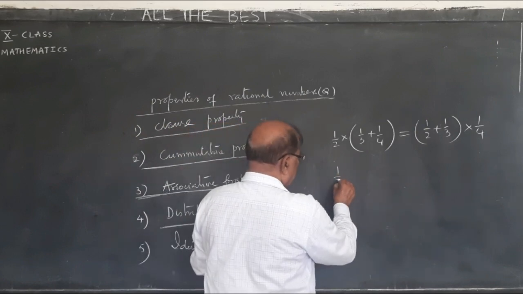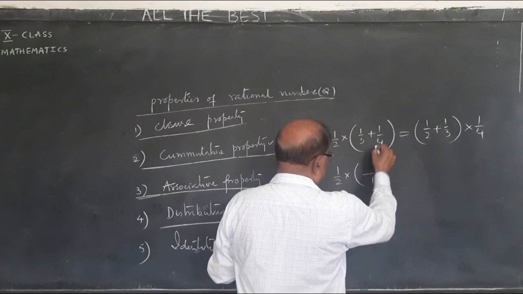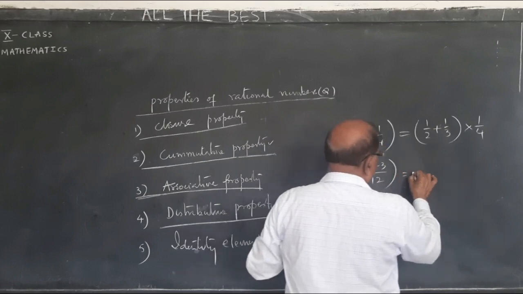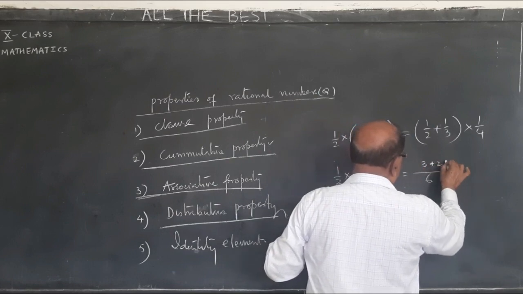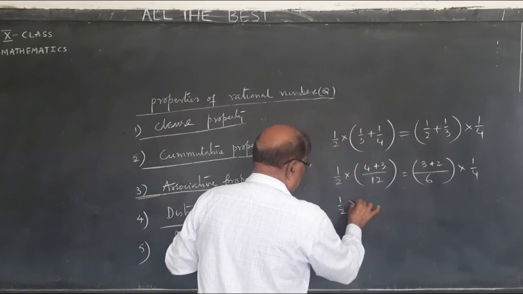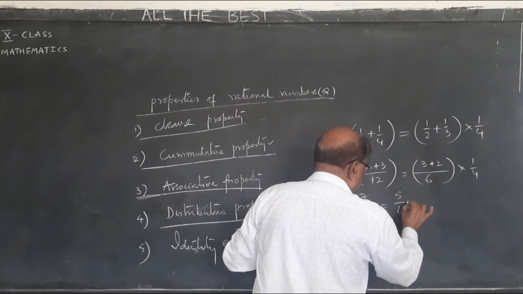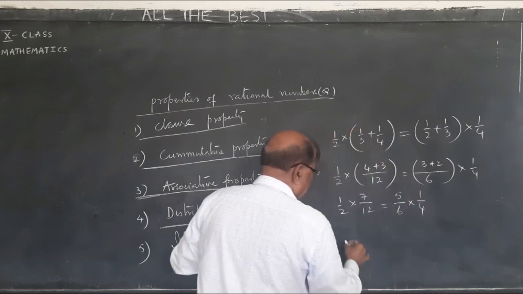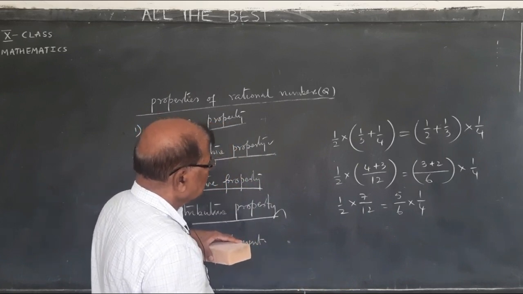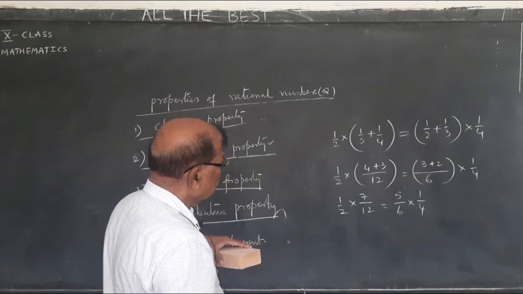So you take 1 by 2 into 7 by 12, which is equal to 5 by 6 into 1 by 4. Is there anything wrong?